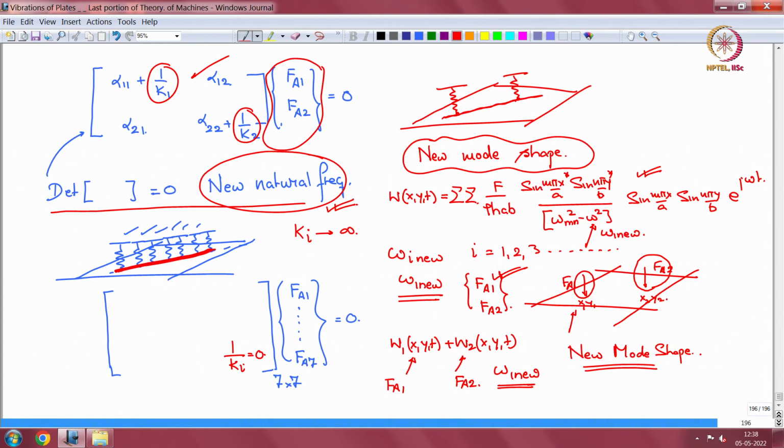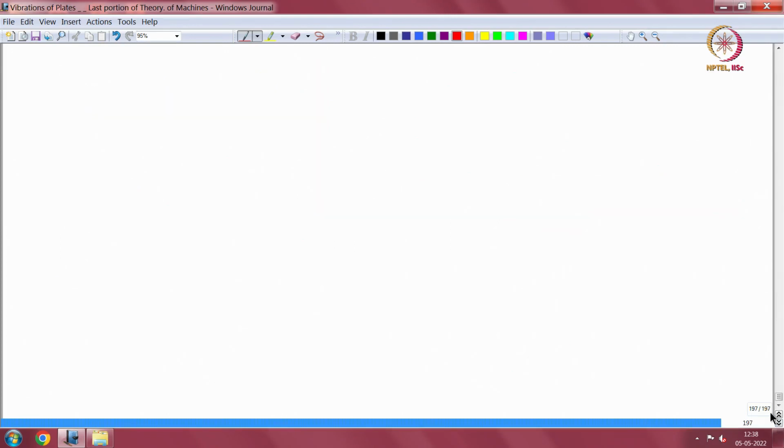Of course, if you finally, as I said, take the k values to infinity, they will become supports. So, this is a powerful technique. Instead of linear springs, you can use rotational springs. Then you can put line receptance.